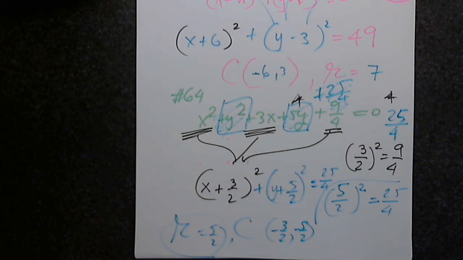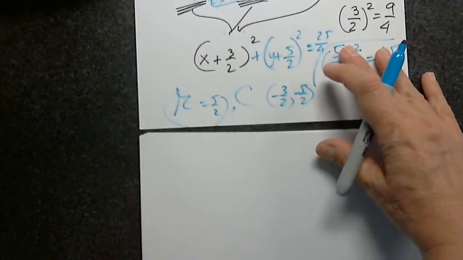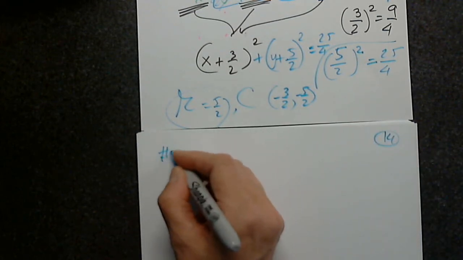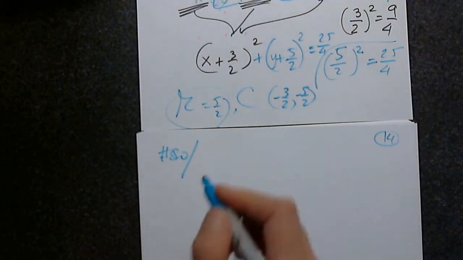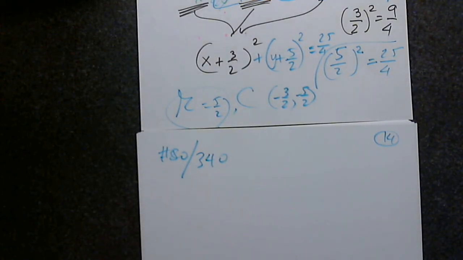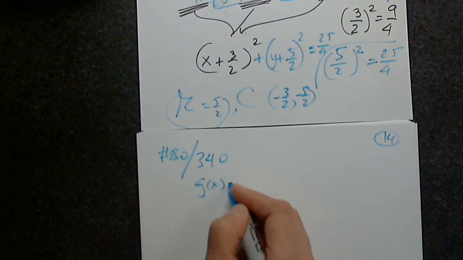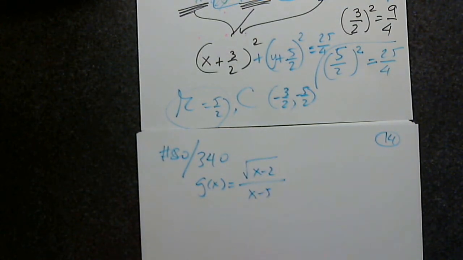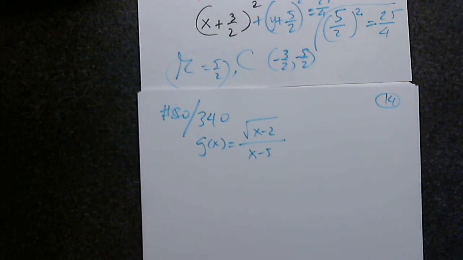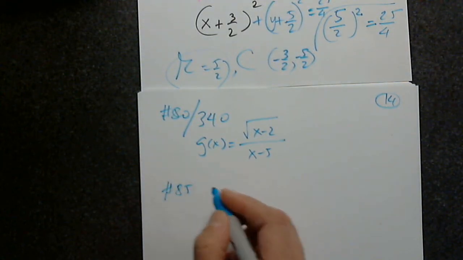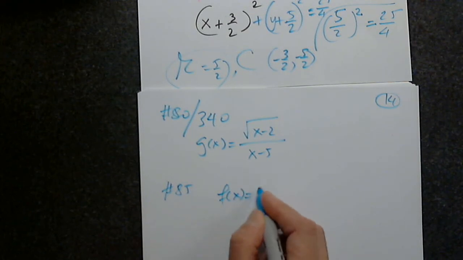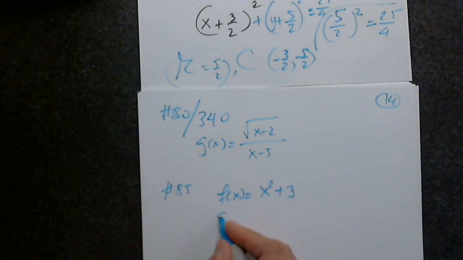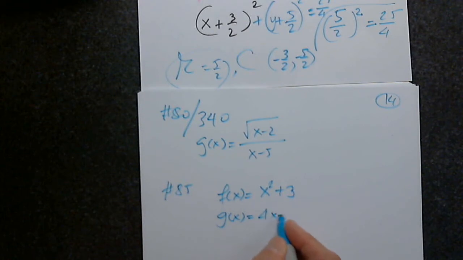Okay, let's find the domain of the following function. So this is from the review. Problem 80 on page 340. And it's g of x equals the square root of x minus 2 over x minus 5. And then 85 after we finish that, which is f of x, x squared plus 3, and g of x, which is 4x minus 1.